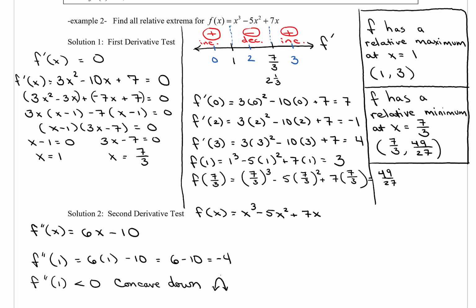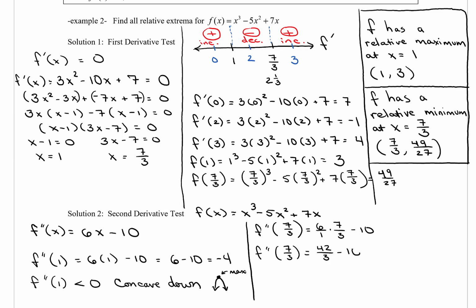And on the right-hand side of the vertical line segment, now I'm going to find f double prime of 7/3. F double prime of 7/3 is going to be equal to 6 over 1 times 7 over 3 minus 10. f double prime of 7/3 is going to be equal to 42/3 minus 10. I can reduce that 42/3.